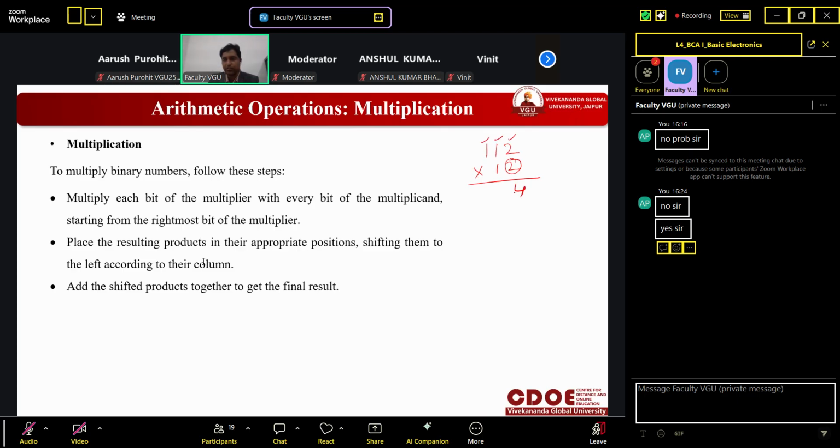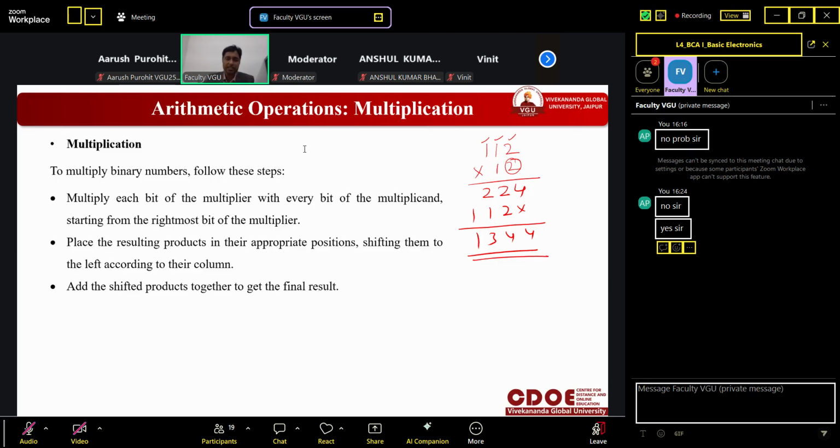Like 2 twos are 4, 2 ones are 2, 2 ones are 2. And like this, you write 1 into 2 is 2, 1 into 1 is 1, 1 into 1 is 1. And add, right? 4, 4, 3, 1. Okay. So in decimal multiplication, or we can say normal multiplication, we do like that.